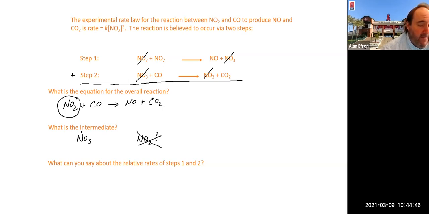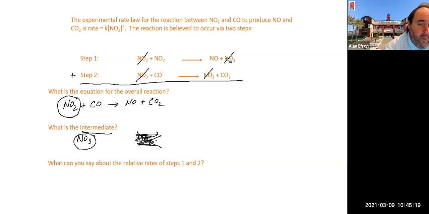The definition of an intermediate is something that gets made early on but is completely used up by the time the reaction is over, which means it should not appear in the overall reaction. Since NO2 does appear in the overall reaction, it is not an intermediate, even though we reduced it down. The only intermediate here is NO3. Any questions on that one?